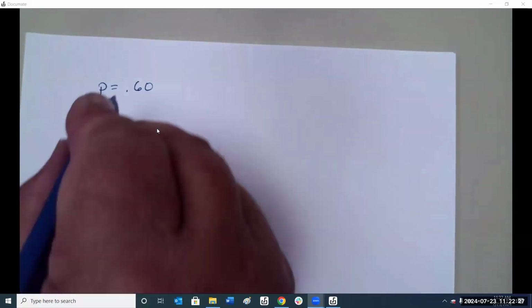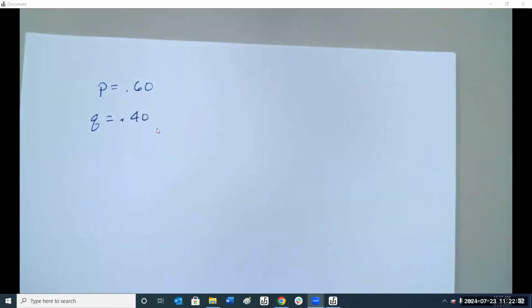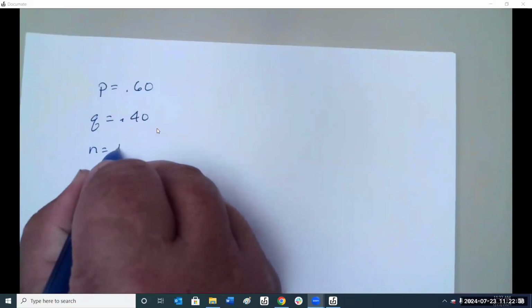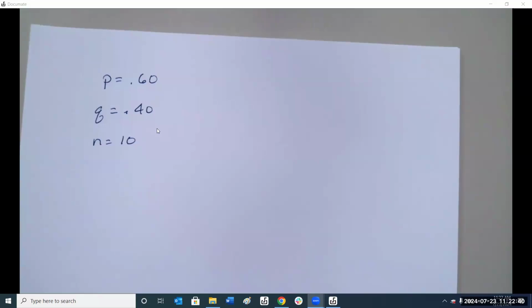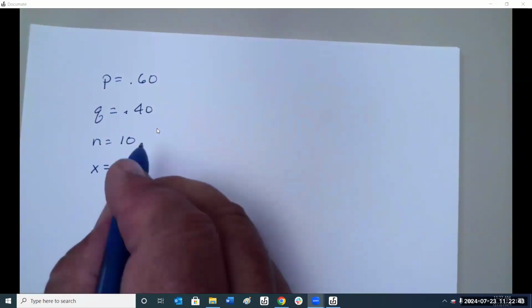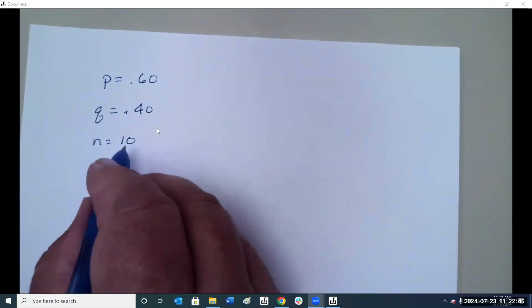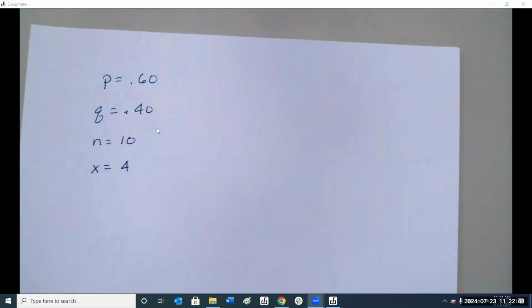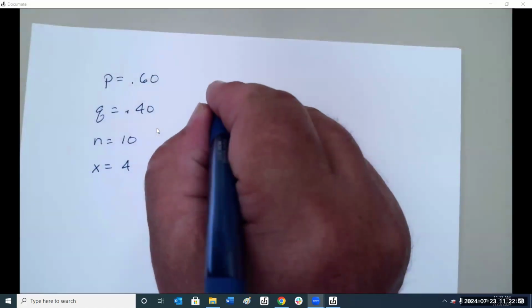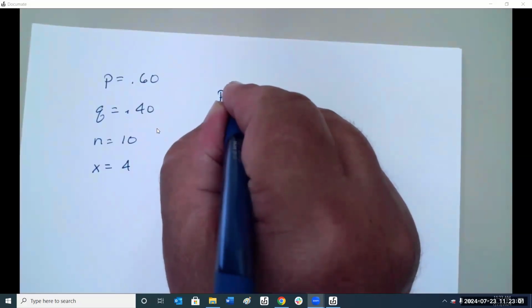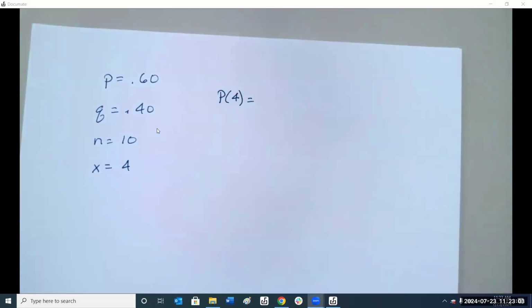So if P is 0.6, what's Q? 0.4, because together they have to equal 1.0. And we have a total of 10 elements. We want to know exactly 4 elements. So X is 4, N is 10, P is 0.6, and Q is 0.4. We want to know the probability of exactly 4 being correct.